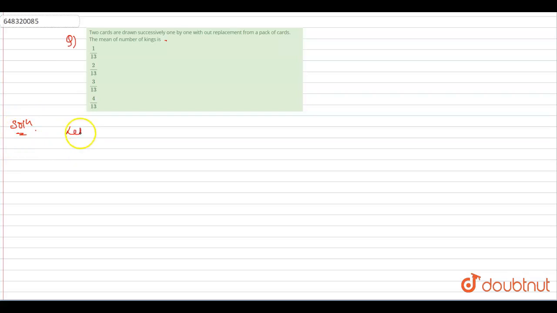Okay. So let X denote the number of kings drawn from the pack of cards, from two cards.